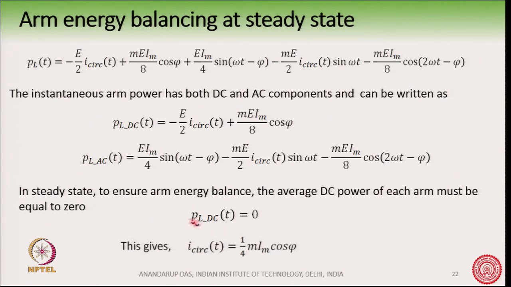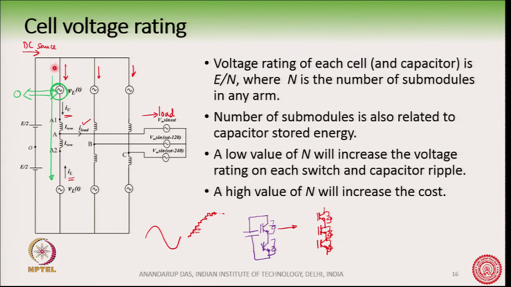So, this P L DC should be equal to 0, and this gives the same value of the circulating current for the lower arm, indicating that whatever DC component is flowing in the upper arm is also flowing in the lower arm, and that justifies the current that I have drawn here. The DC is actually flowing from the upper arm and through the lower arm and going back to the source here.